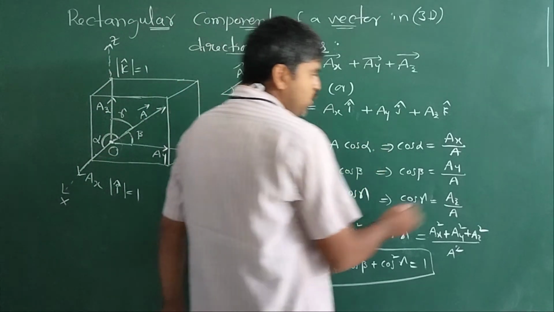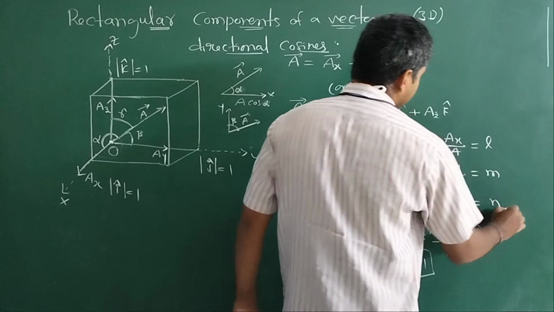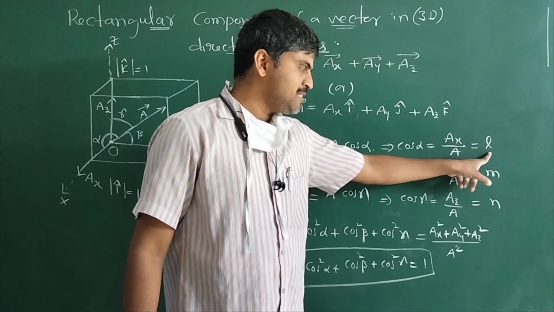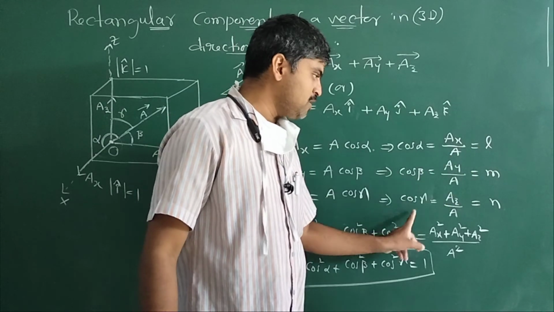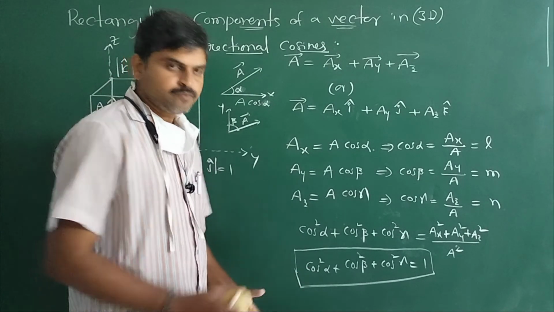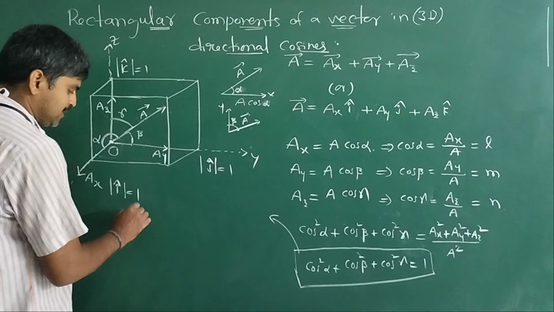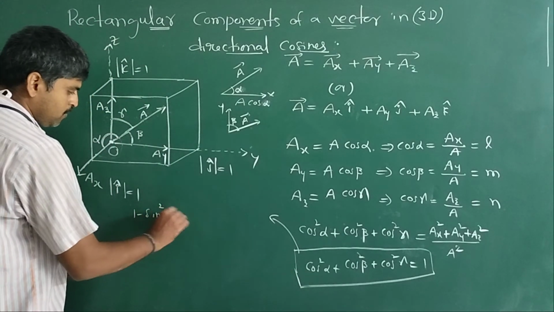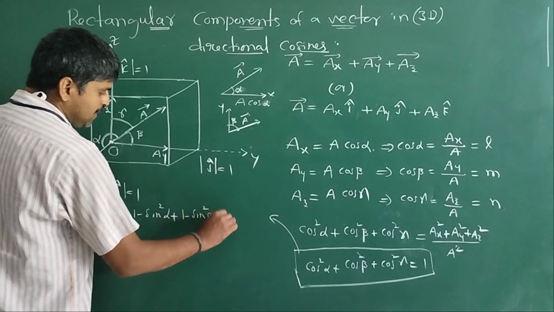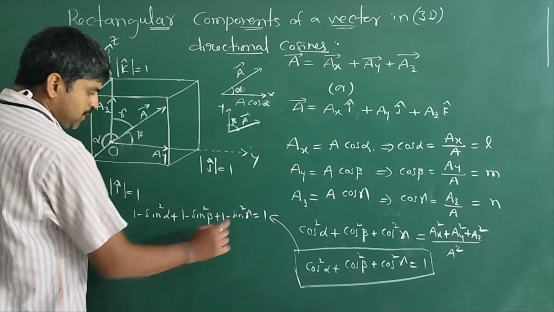Okay, and we can give these one more name: cos alpha is L, cos beta is M, cos gamma is N. Now this rule in terms of sine. Cos square alpha is 1 minus sin square alpha, cos square beta is 1 minus sin square beta, plus 1 minus sin square gamma equals 1. 1 plus 1 plus 1 is 3.